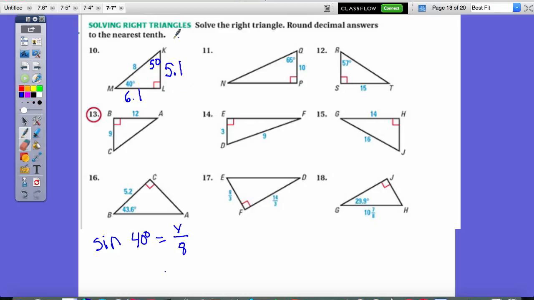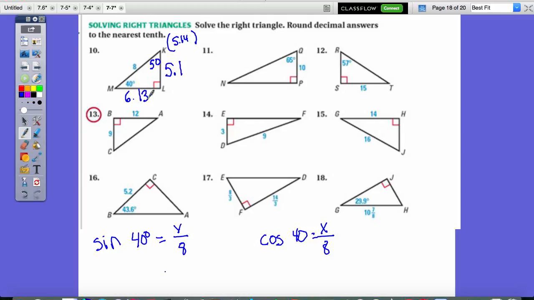And I'm just curious if I check the 5.14 and 6.1, sorry, to check the 6.1, that is cosine of 40 equals the adjacent over the hypotenuse. 7.66. 6.128.